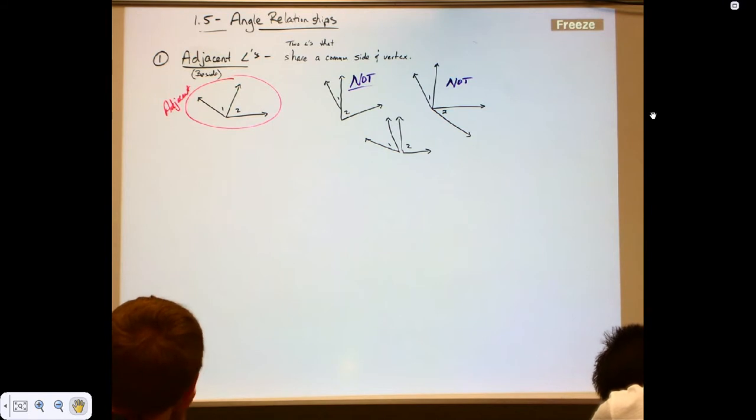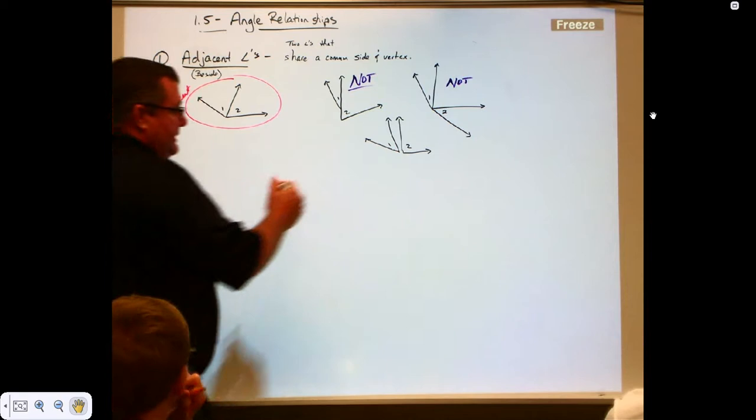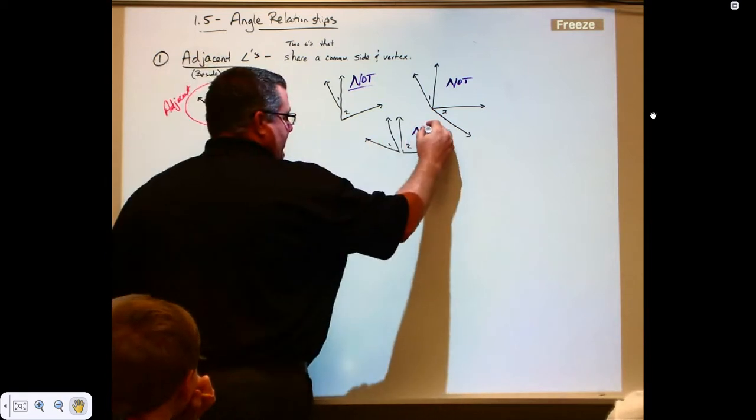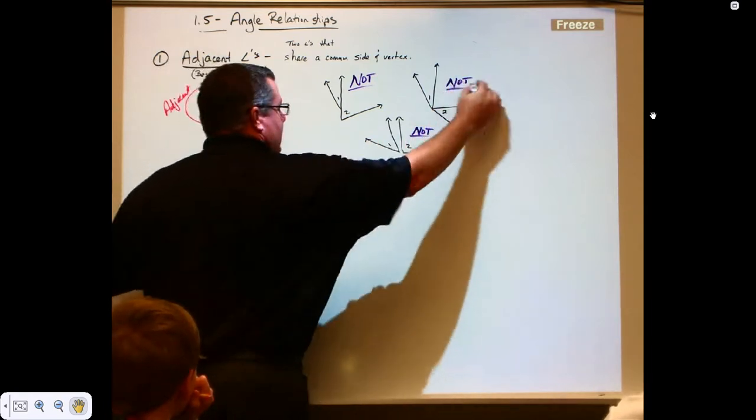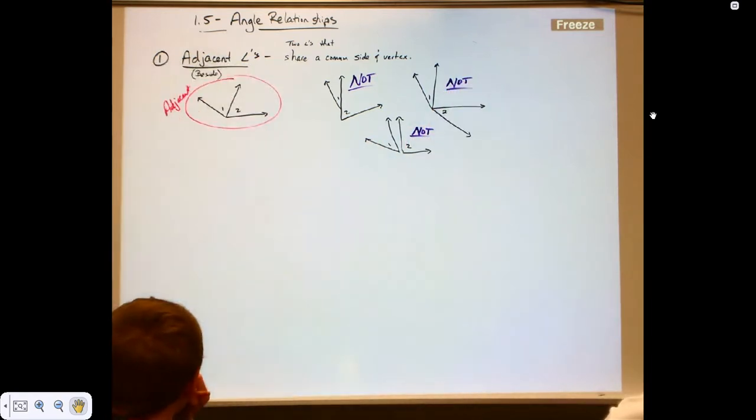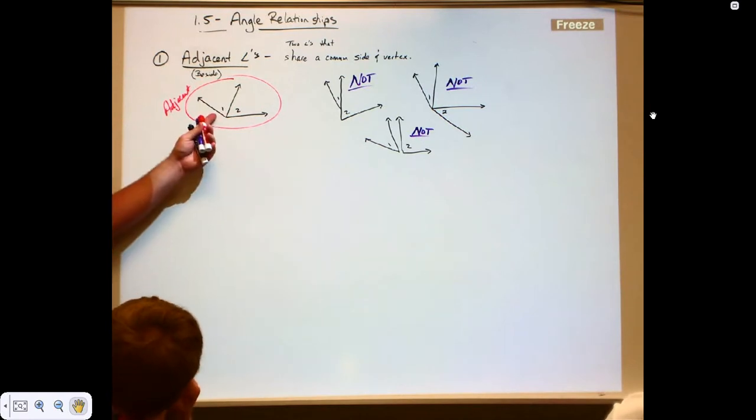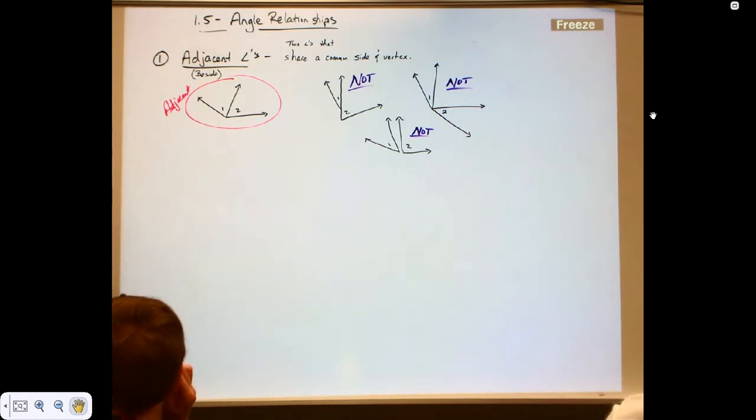Why? They don't have a common vertex or a common side. I guess that one could probably be the one that could debunk the beside more than any. But at the same time, in geometry, adjacent angles are two angles beside each other that share a common vertex and side. Okay? So we understand what adjacent is. Okay, easy peasy.